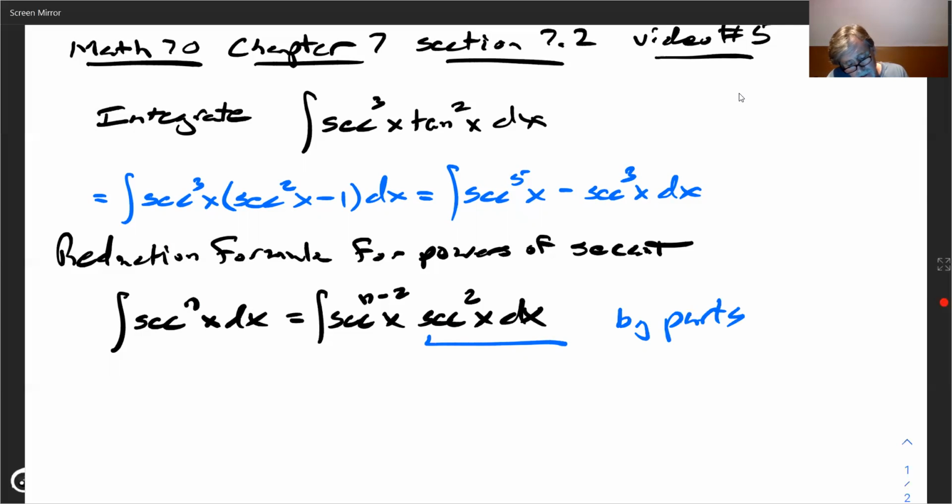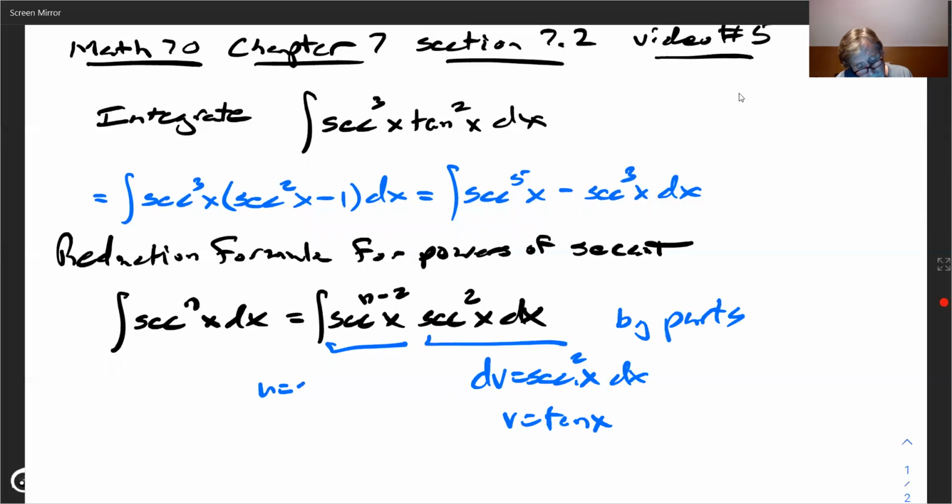And I'm going to let dv equal secant squared x dx, so v is tangent of x. Yeah, that's right, we're going to do it by parts. We're going to break off a piece and integrate it. That's the beauty of integrating by parts, because you integrate a piece of it and you differentiate the second part, and there's a formula where you put it together. The second part right here, that's going to be u. u is equal to secant to the n minus 2 power of x.